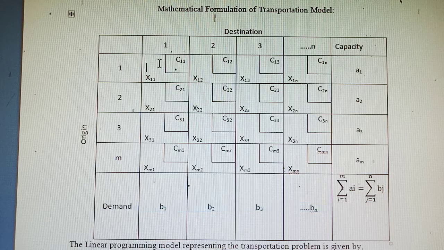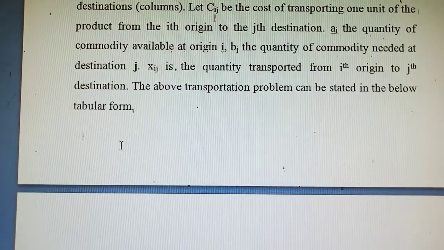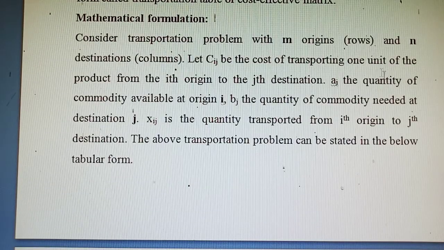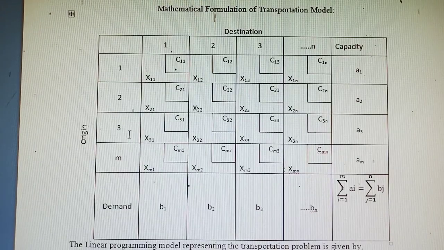Now in this case, for transporting one unit of commodity, let Cij be the cost of transporting one unit of product from the ith origin on the left hand side to the jth destination. What is the cost of transporting the commodity?